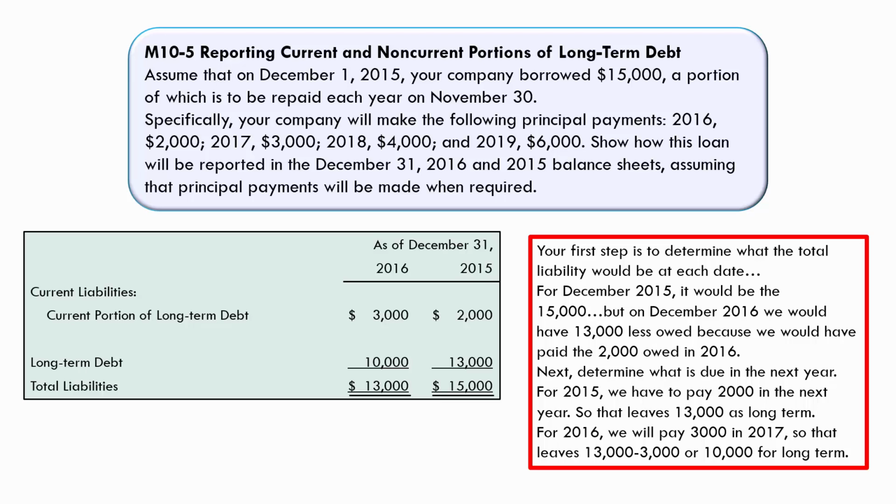So there's various ways to get at these numbers. The important thing is to understand that if the debt is paid on time, then the total debt balance will go down. And also it is kind of rotating or moving along with the calendar, where you're looking ahead to see what will be paid within the next calendar year to get at your current portion.